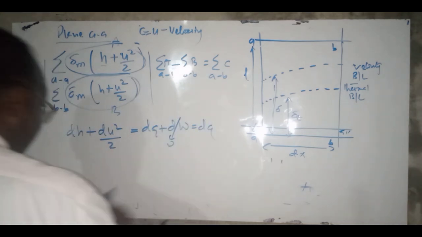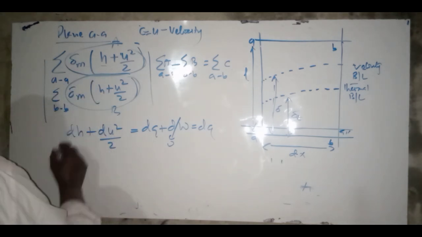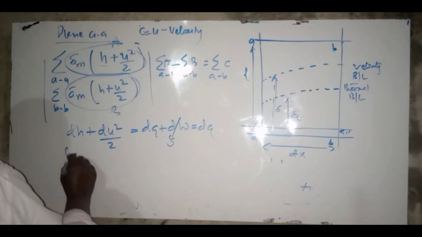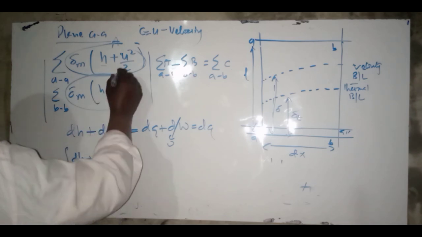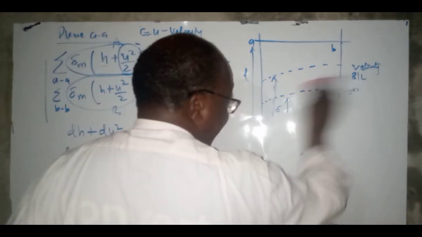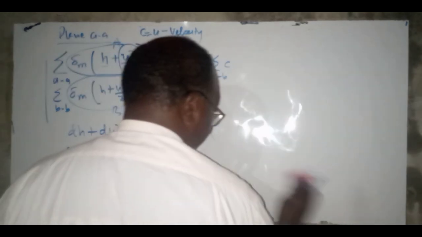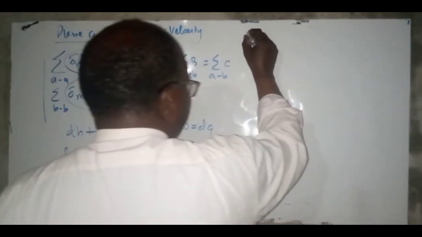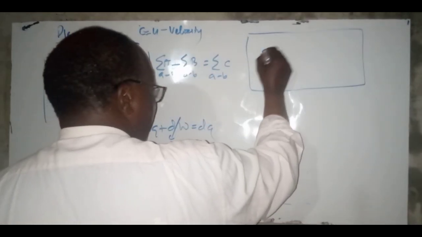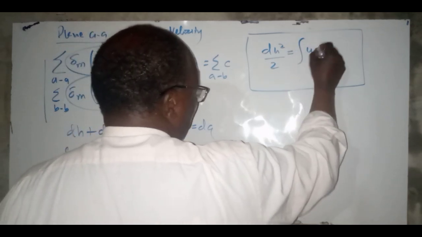So let us put the expression for the plane AA, for the plane BB, and of course AB. For plane AA we will have the integral of dH plus the integral of du squared over 2. Now, there's an identity we need to use to make our lives easier: du squared over 2 is the same as the integral of u du.